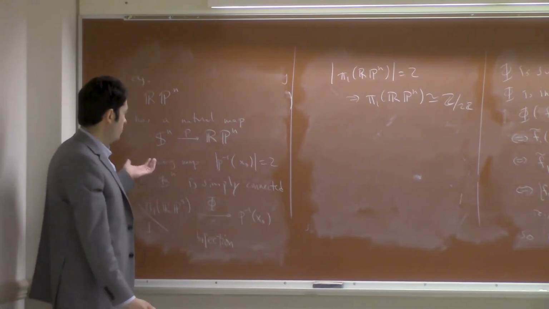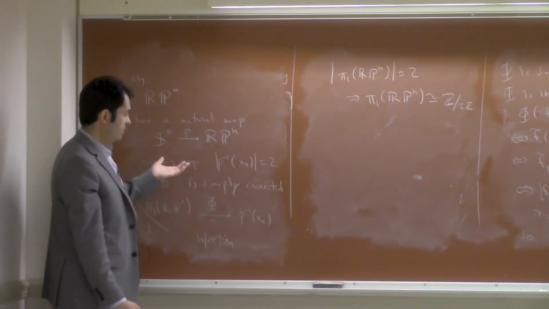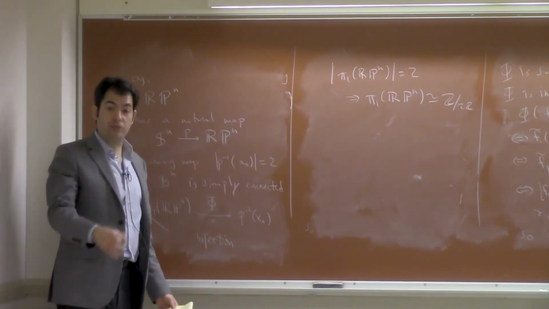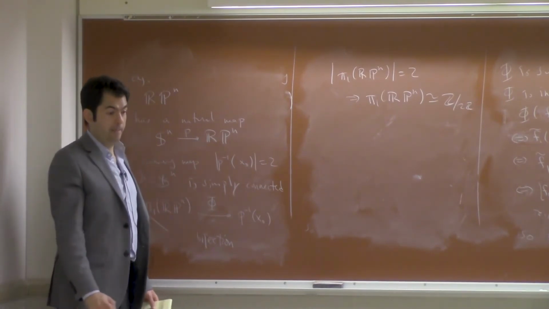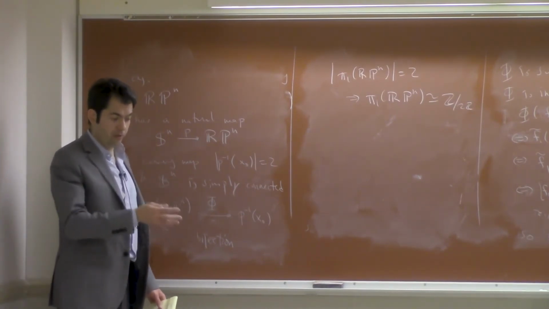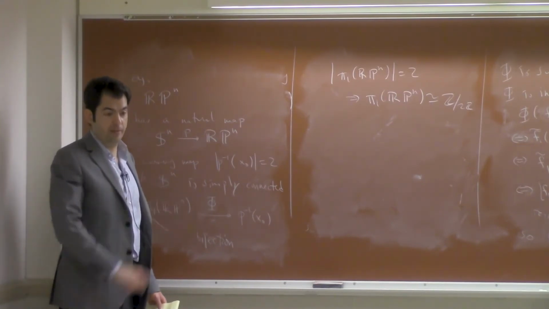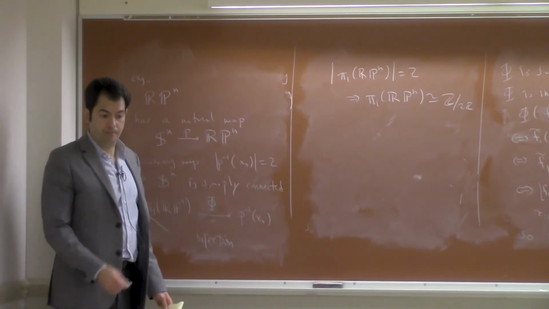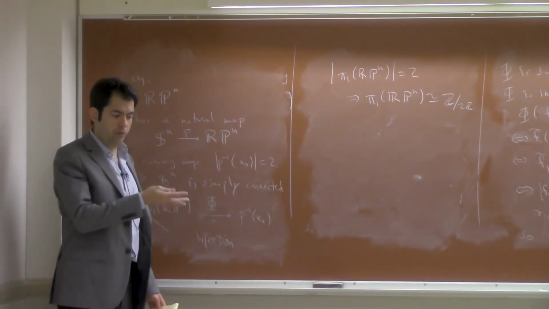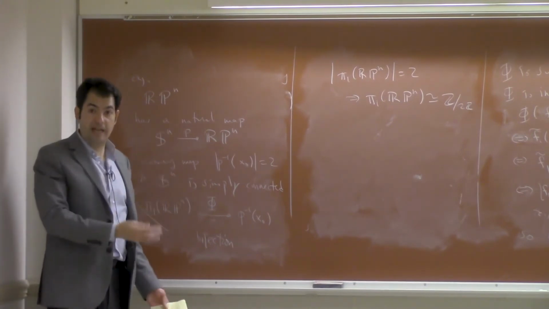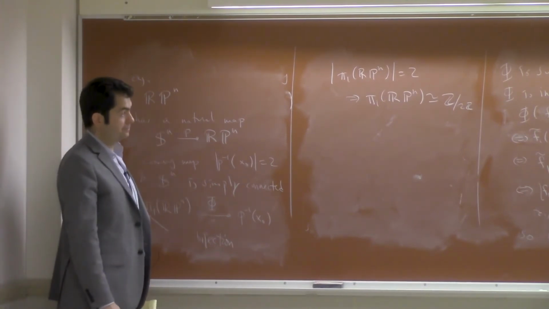And so, for example, if you want to look at lens spaces, those are also quotients of the sphere. So the sphere is the universal covering space, and for any prime p, you have an instance where this cover has p sheets, and so the fundamental group has to be Z mod pZ.